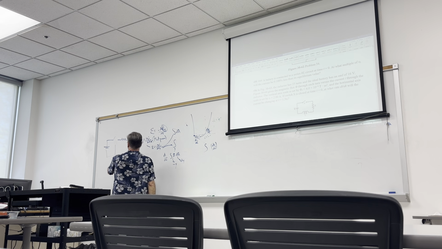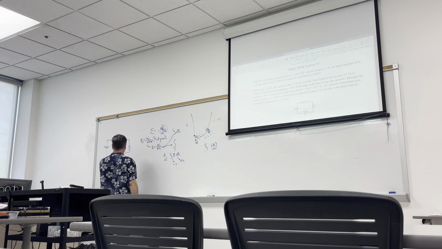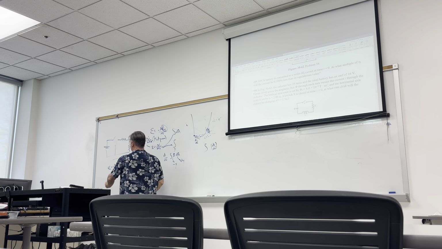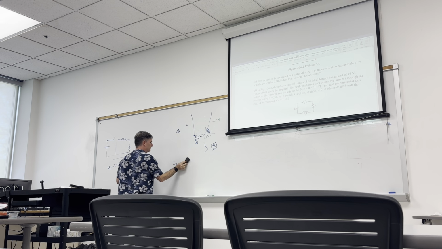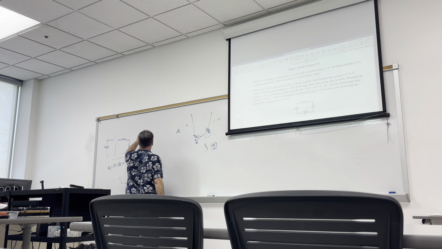So we know it's going to start with KVL and inspection, right? And you'll get this: E minus IR minus L dI/dt equals 0. You'll solve that, and you'll get I is equal to I maximum times 1 minus e to the minus Rt over L.